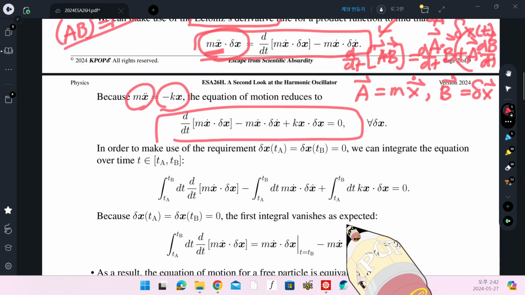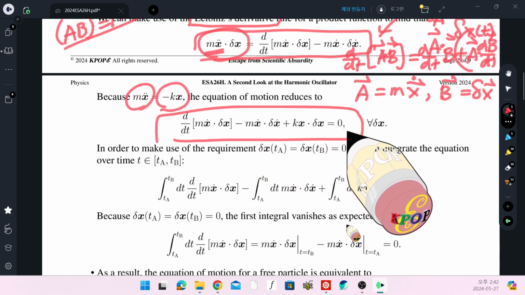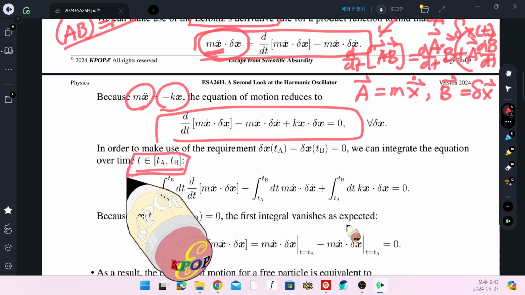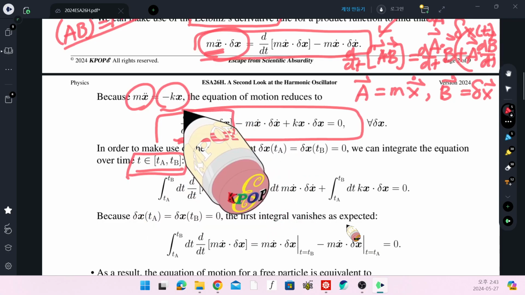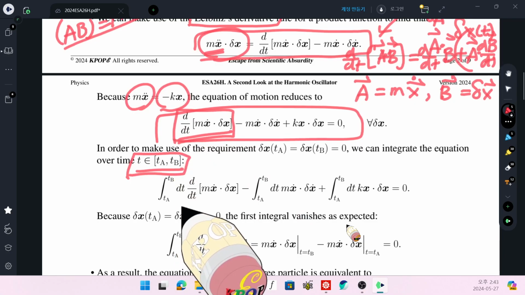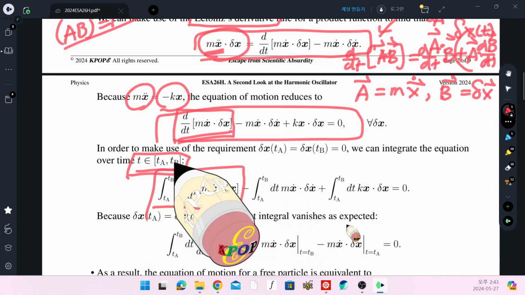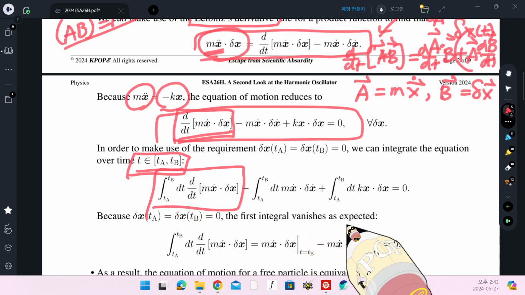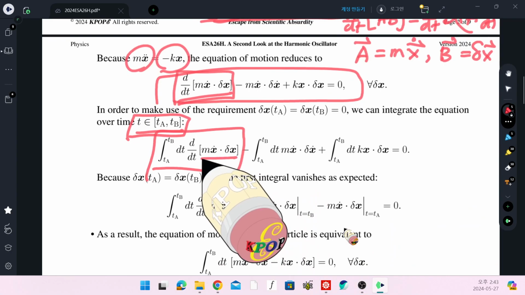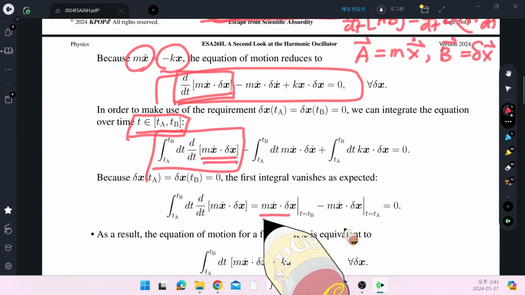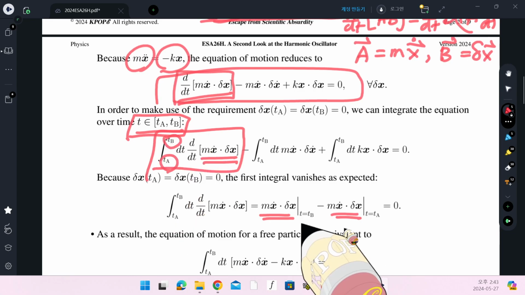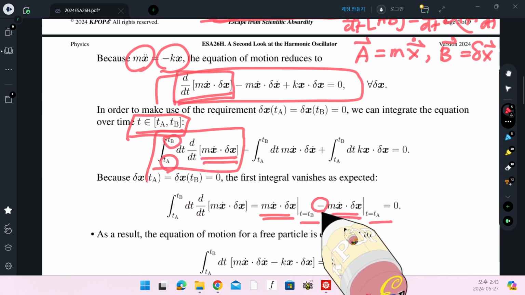Now, we would like to integrate this equation over the interval. By the way, this is a total time derivative. Therefore, the integral over the interval becomes very simple. Why? The integrand is evaluated at endpoints tb and ta, and we take the difference.